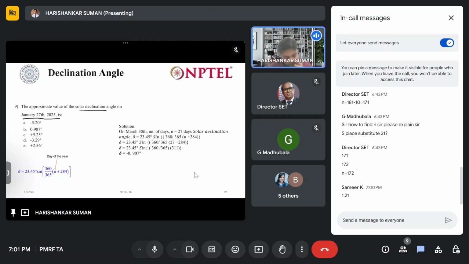What is the answer? n equals 27, and you use 360 by 365 multiplied by 27 plus 3 and sine.